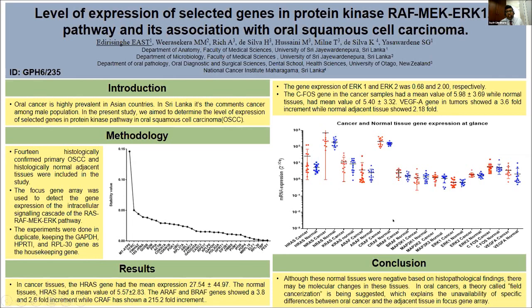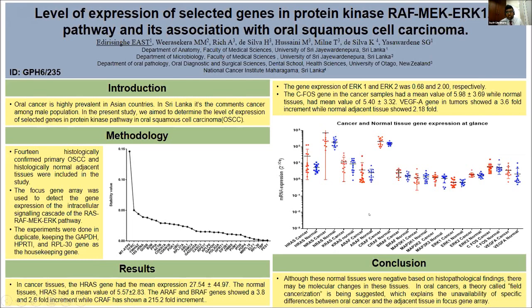Even though we have confirmed those tissues histologically as normal, taken from 1 centimeter away from the tumor margin, we have seen there's no significant difference between the cancer tissue and the surrounding area, even though those are histologically normal.